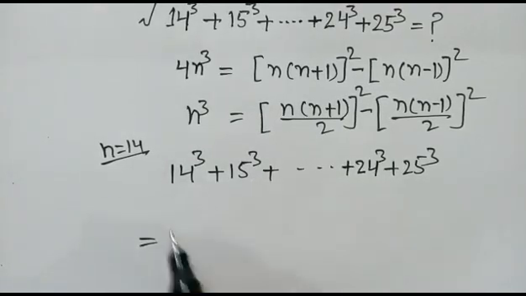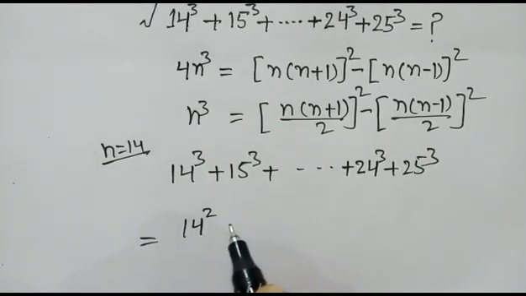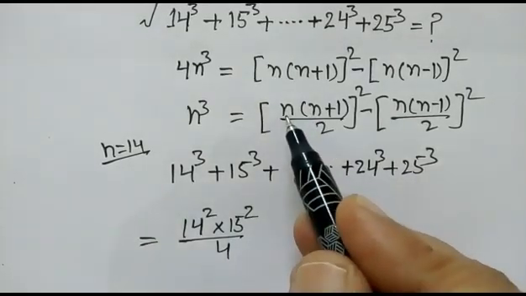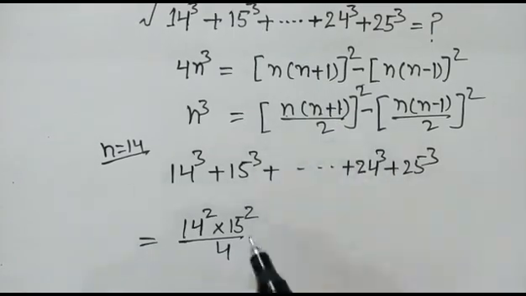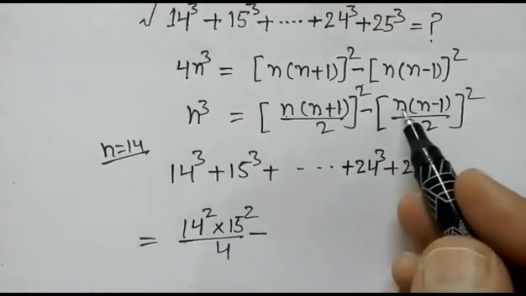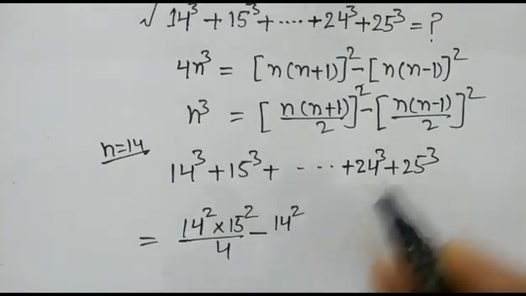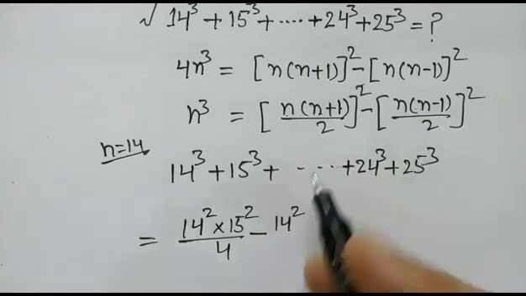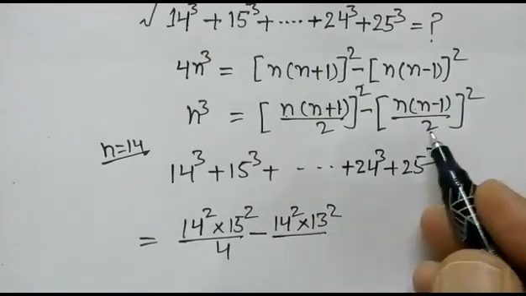We can write this as 14 square into 15 square over 4, minus, since n is 14, 14 square into 13 square over 4.